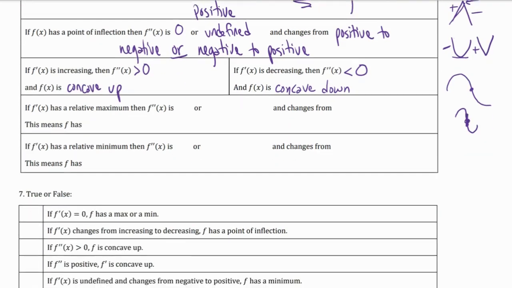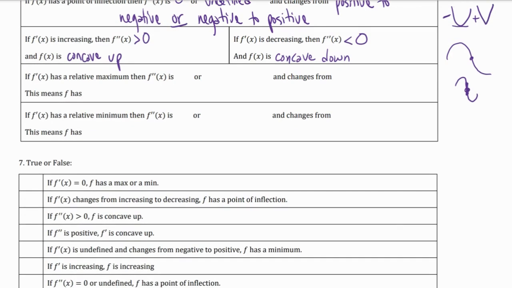If f prime has a relative maximum, then, if something has a relative maximum, the slope is 0 or undefined and changes from, so f double prime, the slope of f prime, changes from positive to negative. Okay, well, if f double prime changes from positive to negative, that means f has a point of inflection.